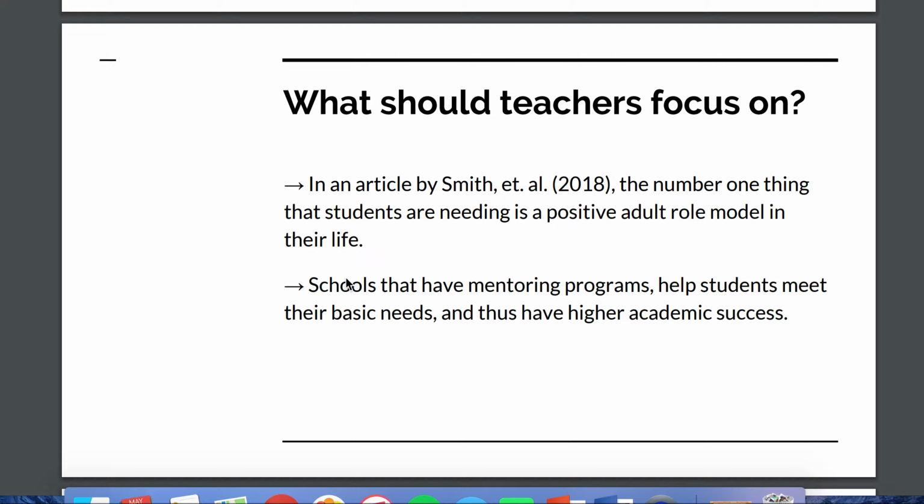One of these things is having positive adults in their life that are going to help connect them to the resources they need, be a problem solver in their life, and create that relationship so a kid can come to them and say, hey, I don't eat breakfast or lunch every day, or breakfast is the only meal I get because I get it for free in school. That positive connection can really help to shift people higher up through Maslow's hierarchy of needs because they're going to get their needs met more often.